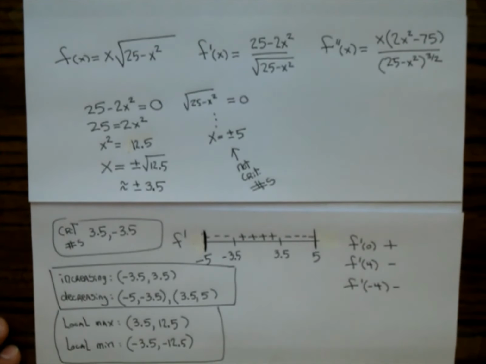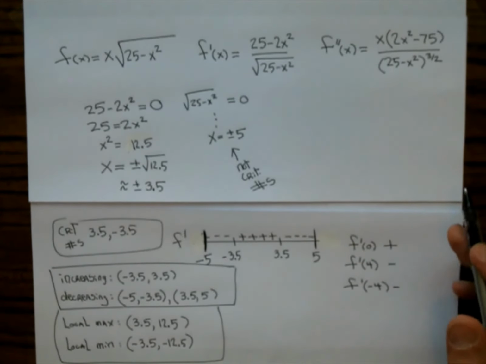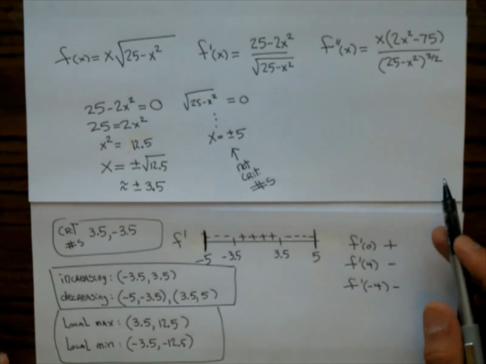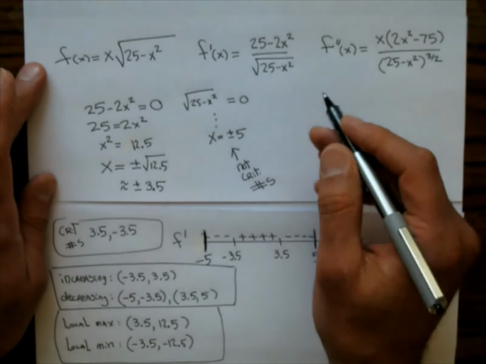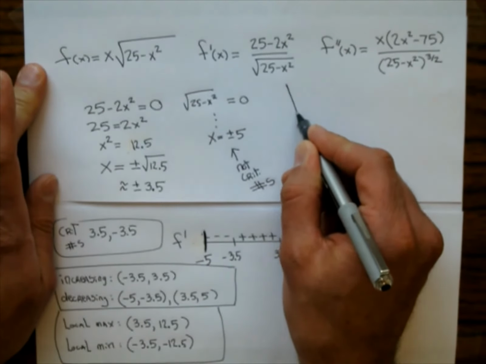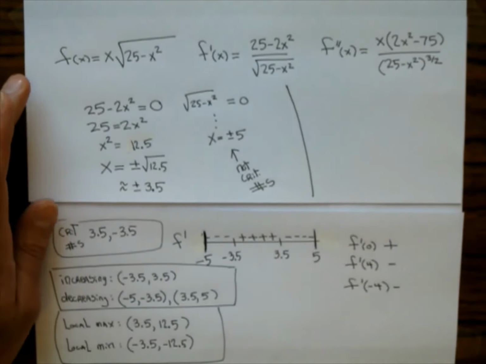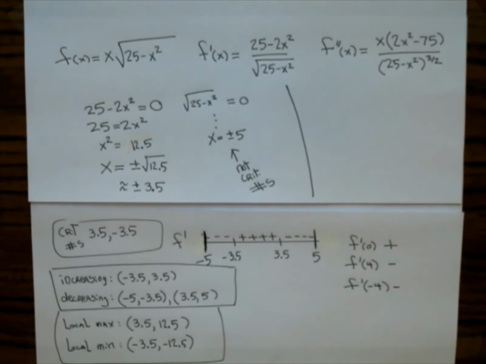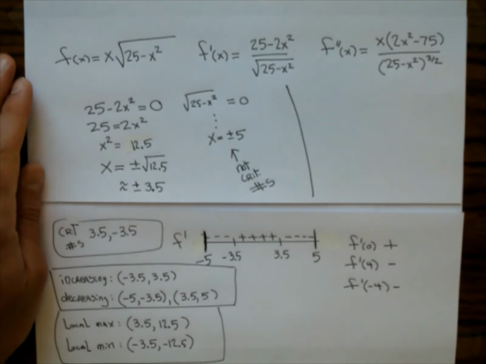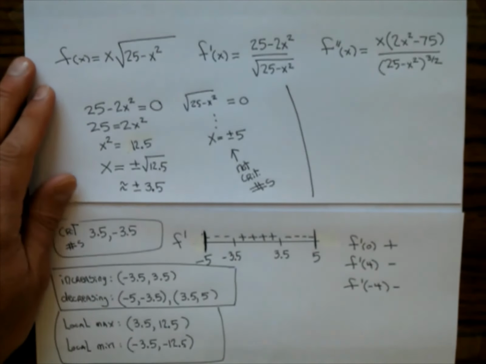Now what do I have to do? What I have to do is find candidates for inflection points. So I'm going to go over here now, and to find my candidates for inflection points, I set the second derivative equal to 0.